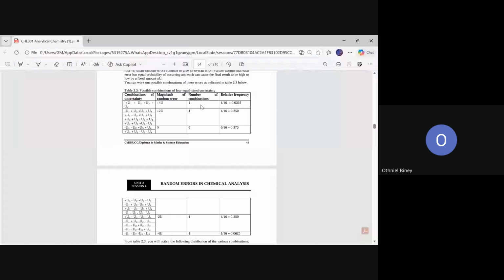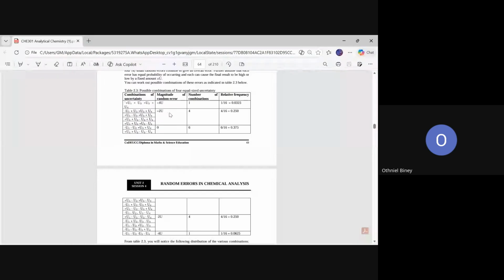That's why the number of combinations is 1 here. To find the relative frequency, you divide the number of combinations by the total number of combinations of uncertainty, which as I said earlier is 16. So you get 1 divided by 16, which is what we have here.